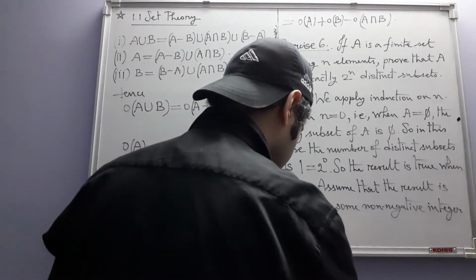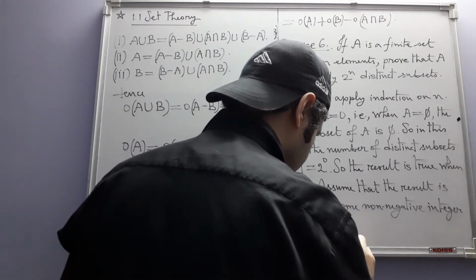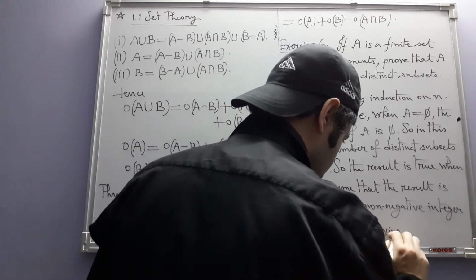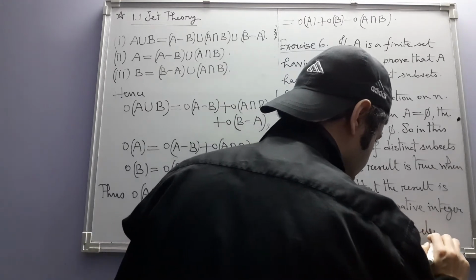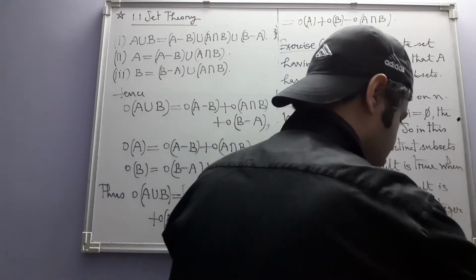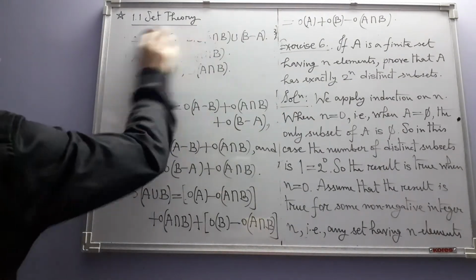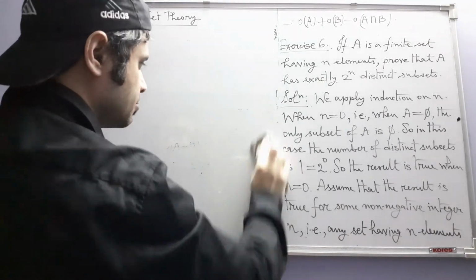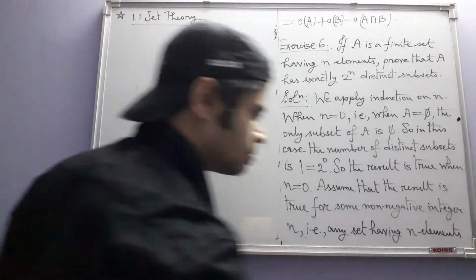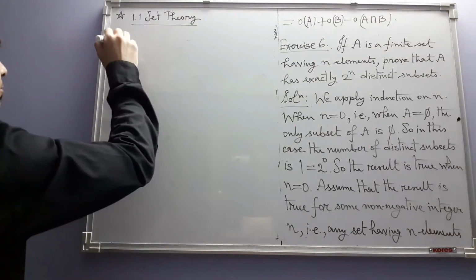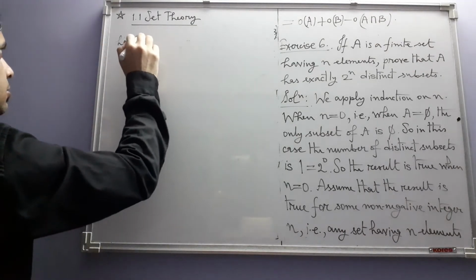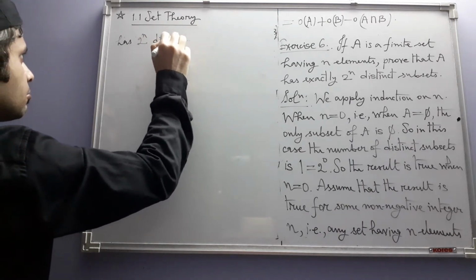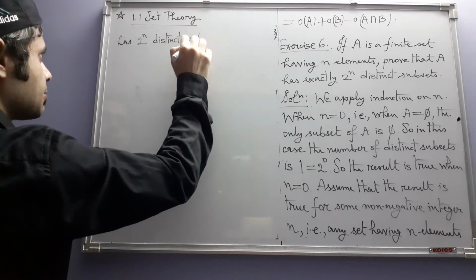That is, any set having n elements has 2 to the power n distinct subsets.